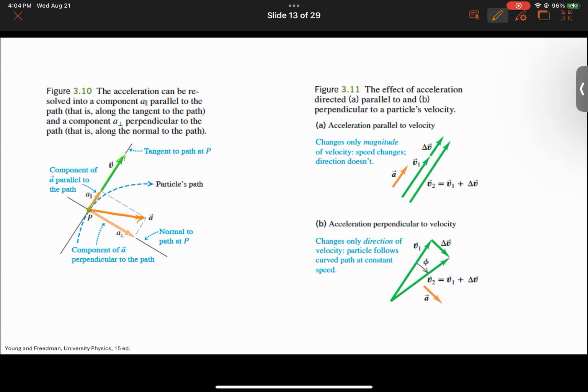One component that is parallel to the velocity vector or parallel to the tangent line at point P, and another component which is perpendicular to the tangent line at point P, or perpendicular to the velocity vector at point P.